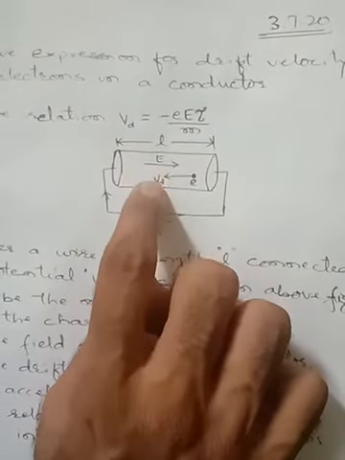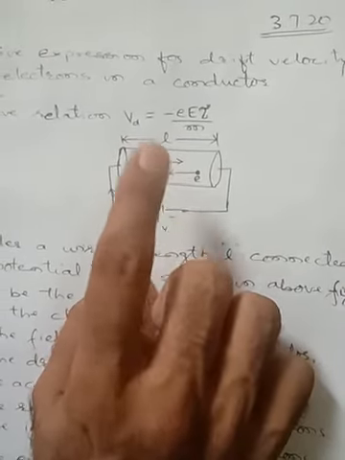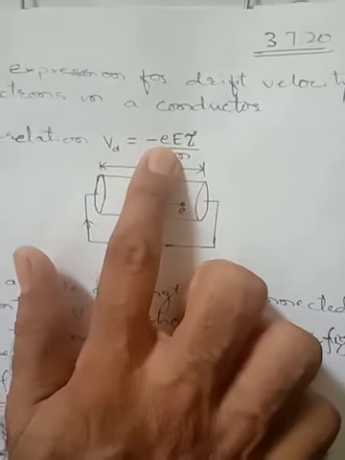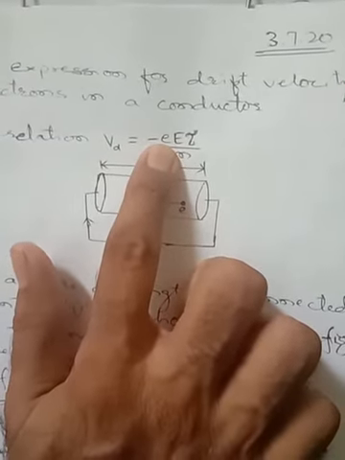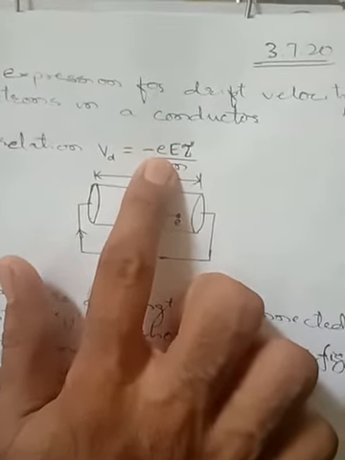So this derivation, that is Vd is equal to minus eEτ by m, what does it indicate? Drift velocity depends on what factors? It is directly dependent on the charge on the electron, electric field set up and relaxation time, and it is inversely proportional to the mass of the electron.